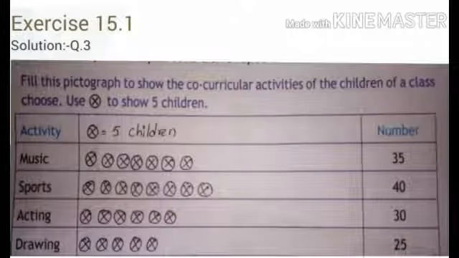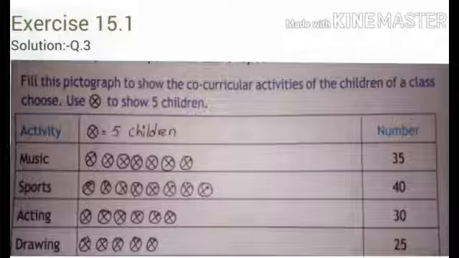Now let us solve exercise 15.1, question number 3, sums related to pictograph. Here in your book you can see in the question, fill this pictograph to show the co-curricular activities of the children of a class. Can you see the picture which is given? You have to use this picture to show 5 children.